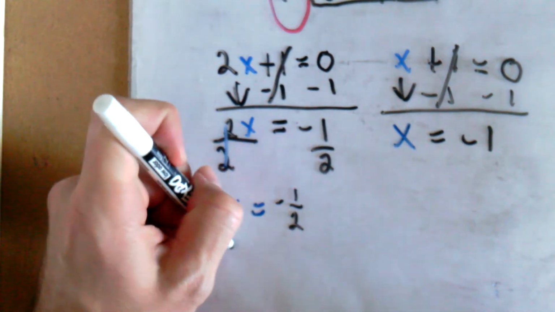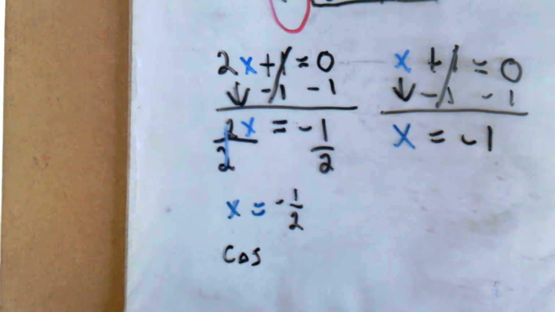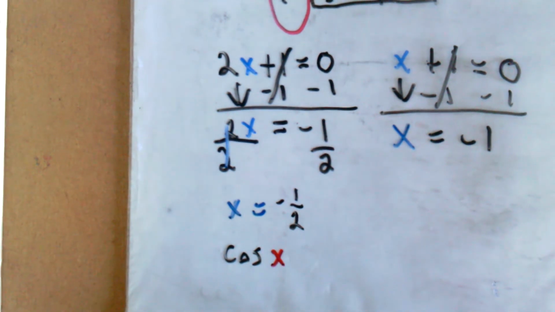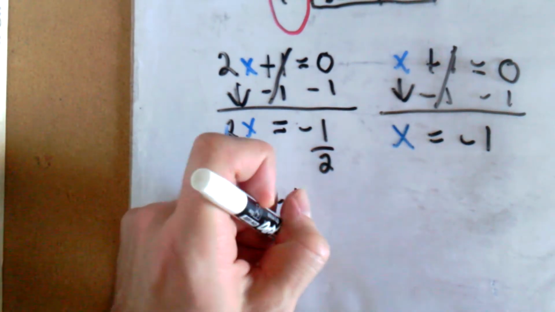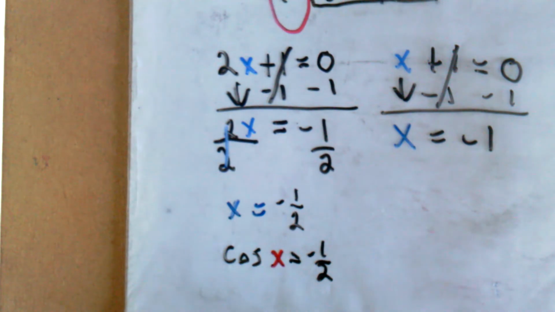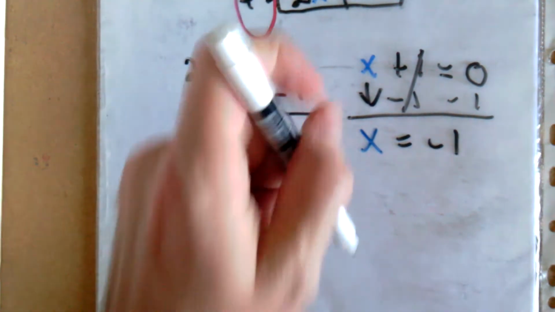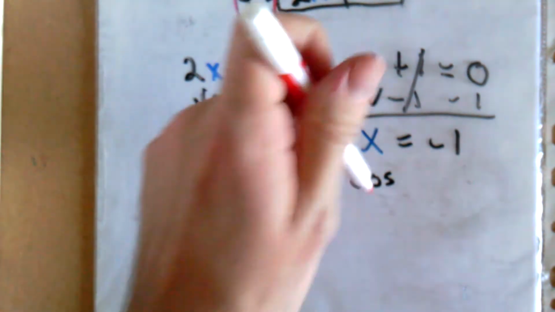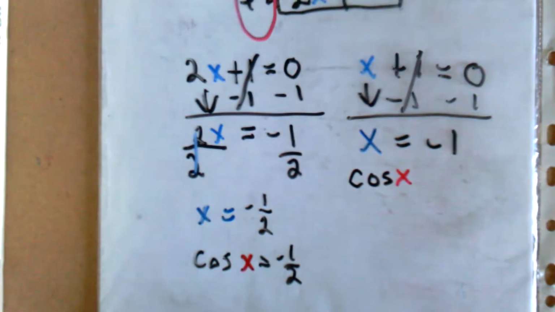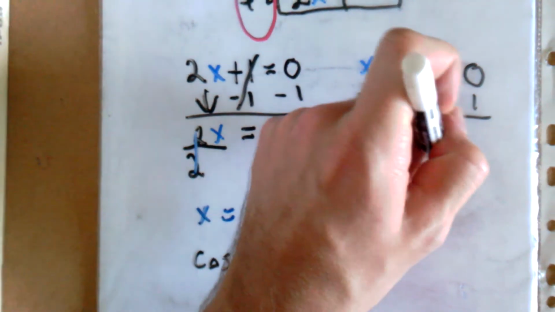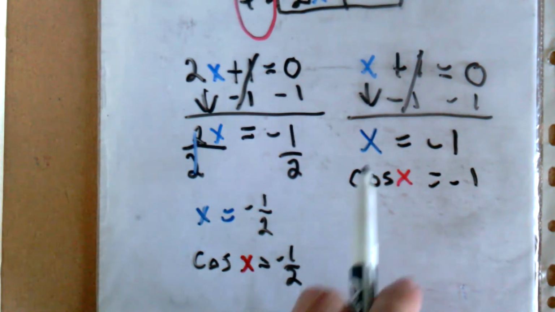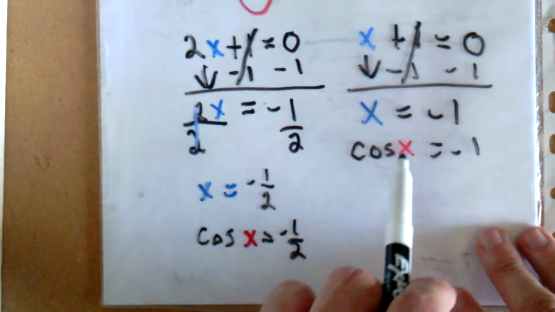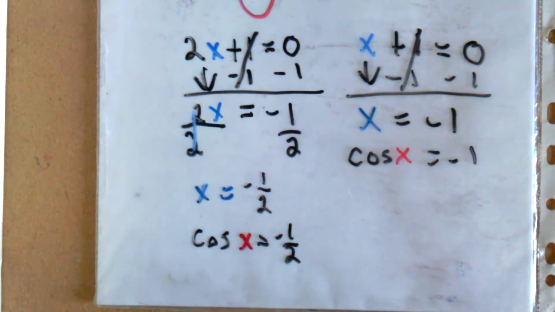So cosine x equals negative 1/2, and cosine x equals negative 1. Again, I just replaced our x's with cosine. So now we have cosine of x equals negative 1, and cosine of x equals negative 1/2.